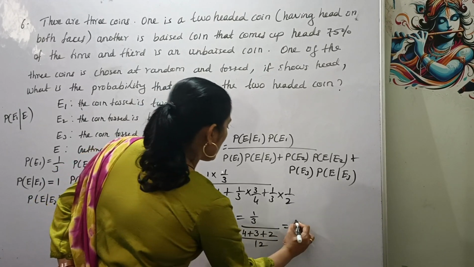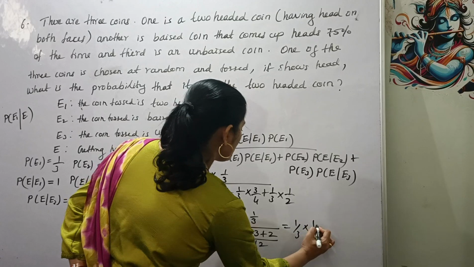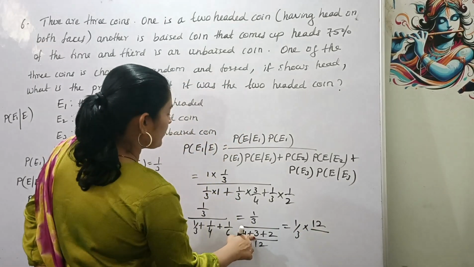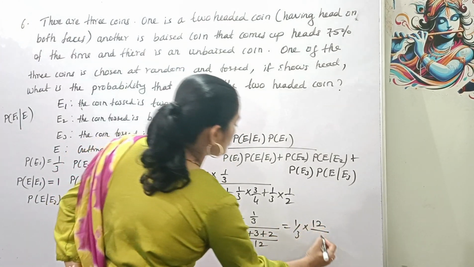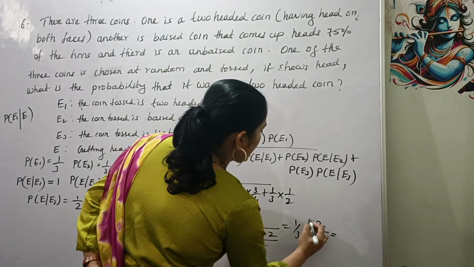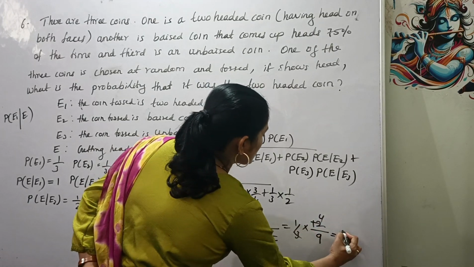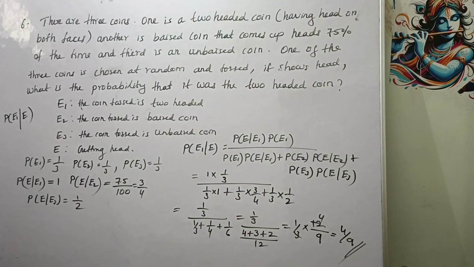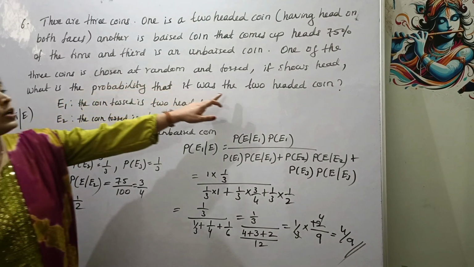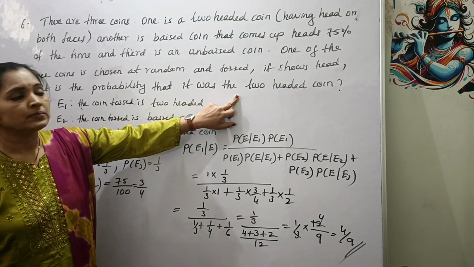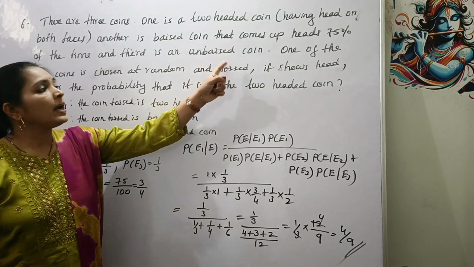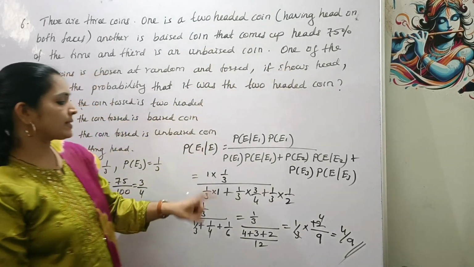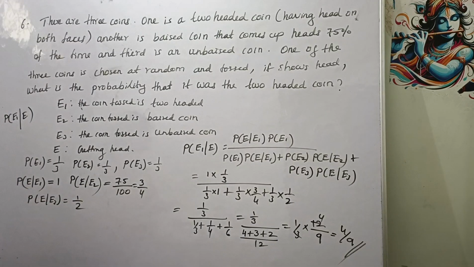That is equal to 1 by 3 into 12 divided by 4 plus 3, 7, 7 plus 2, 9. That is 3 4s are 12. So 4 by 9. So the probability of getting a two-headed coin given that it shows head is 4 by 9.